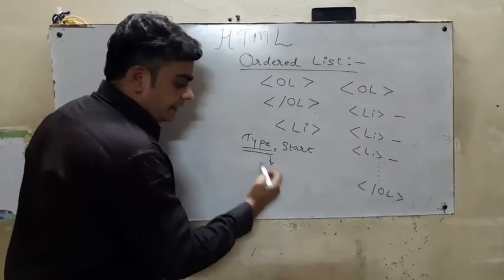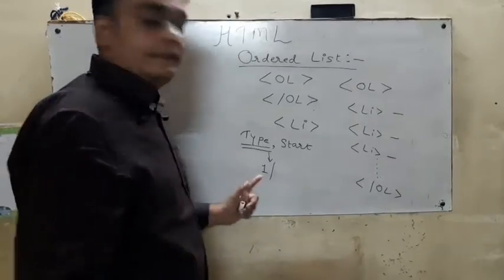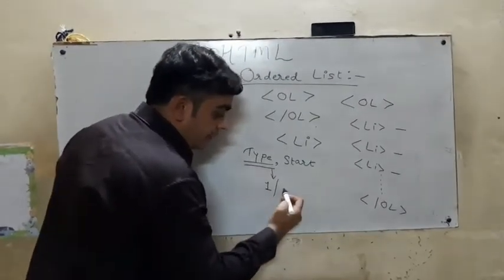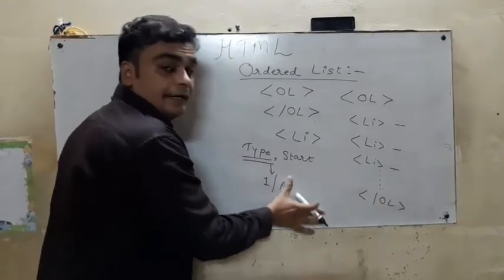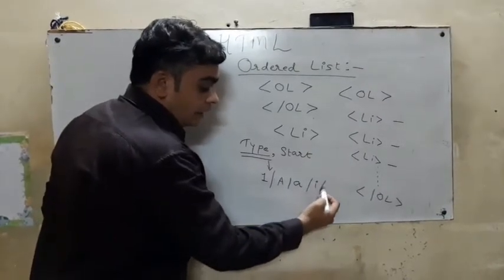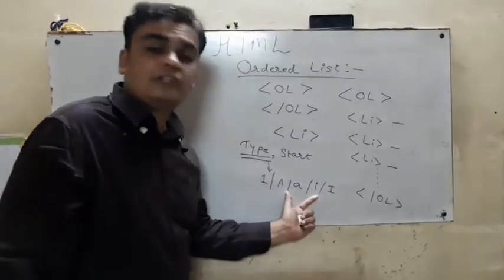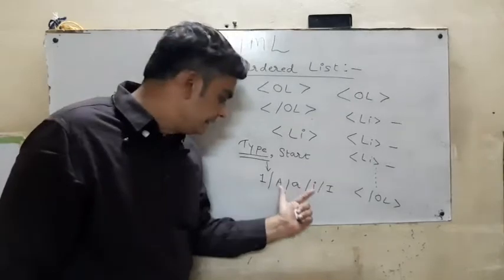For example, we can display the list of elements by using digits, that is 1 2 3 4 5 6, or we can use alphabets, that is capital ABCD, then small abcd, then small Roman numbers, then capital Roman numbers.